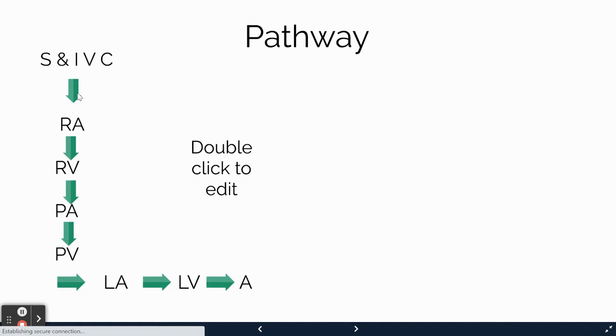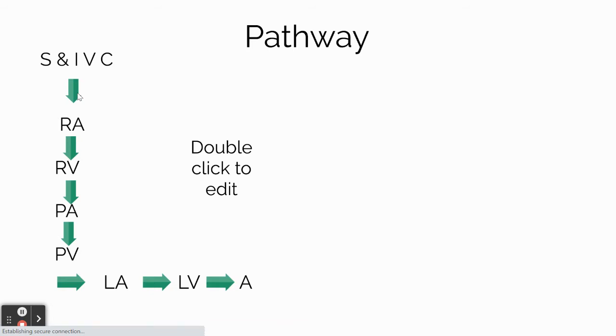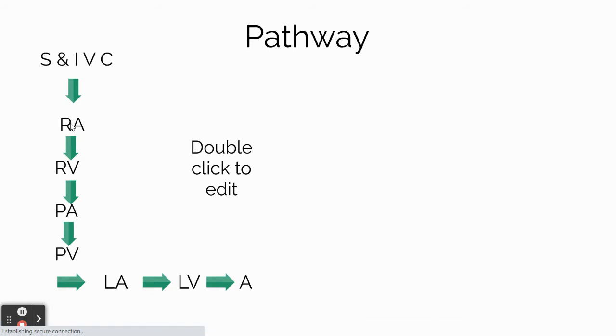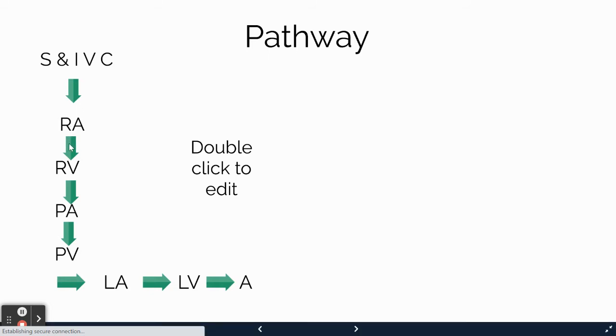Find that in your books, follow it with your finger. When that deoxygenated blood comes up through those large vessels, the first chamber that deoxygenated blood fills up is called your right atrium. Your right atrium fills up and it forces a valve open, which is not mentioned in here yet. And as the right atrium fills up, it forces a valve open and all that deoxygenated blood goes through your bicuspid valve into your right ventricle.